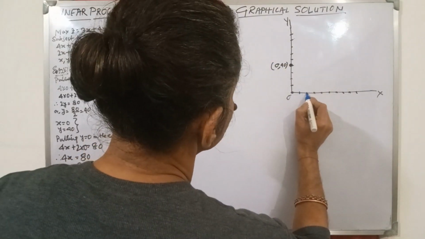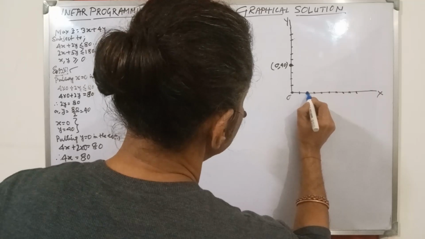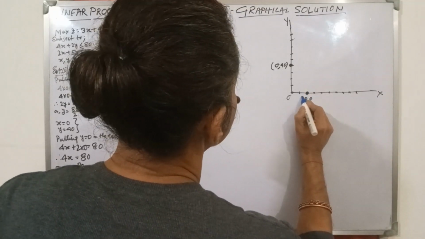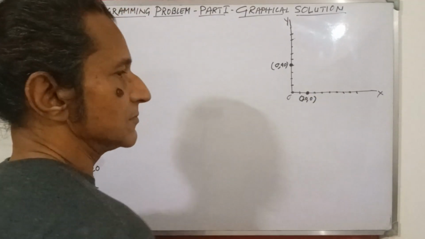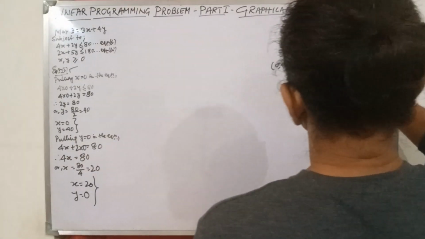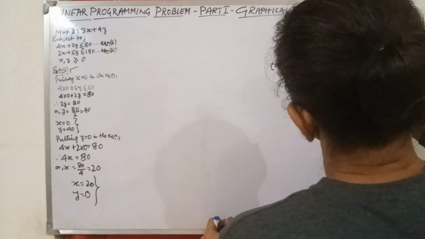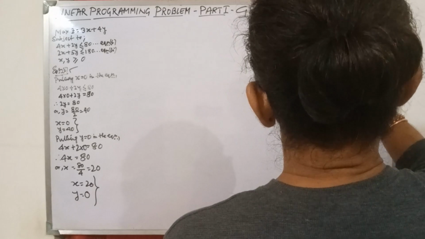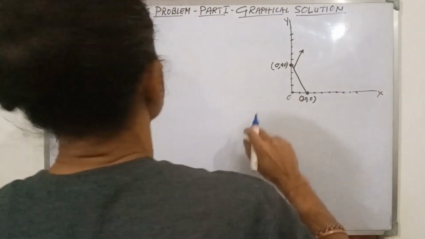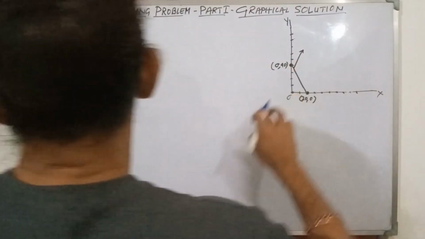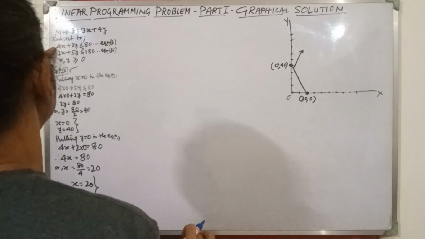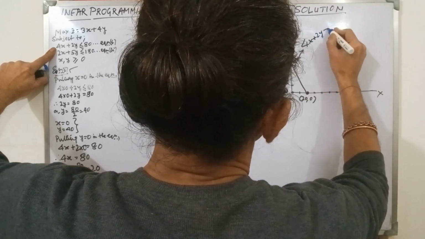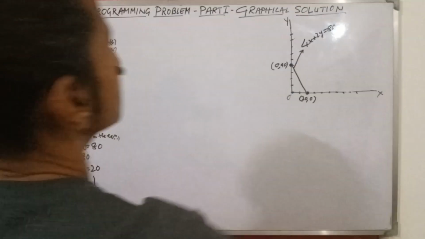So this is the coordinate 20, 0. Now we shall join these two points with a straight line. The equation of this straight line is 4x plus 2y equals 80.